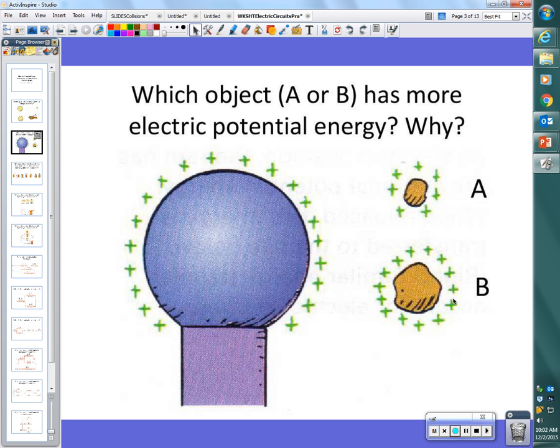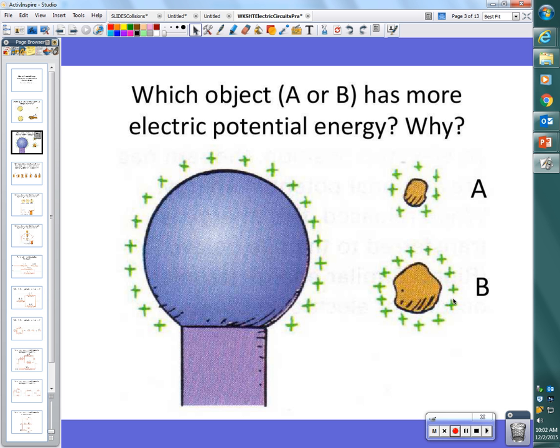More positive charges means stronger electric field, right? So B is going to have more electric potential energy than A, even though they're the same distance from the blue object. Because the electric fields are stronger for B than they are for A, there's going to be more electric potential energy for B than A. Okay? Good there? All right.